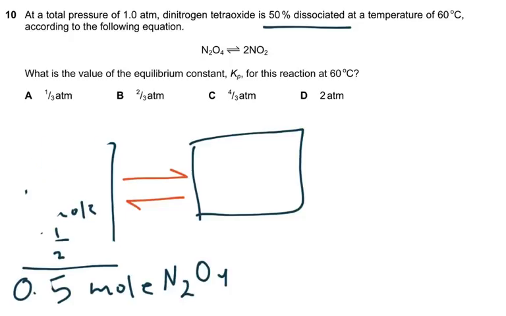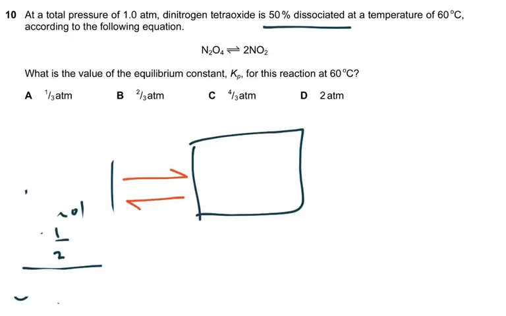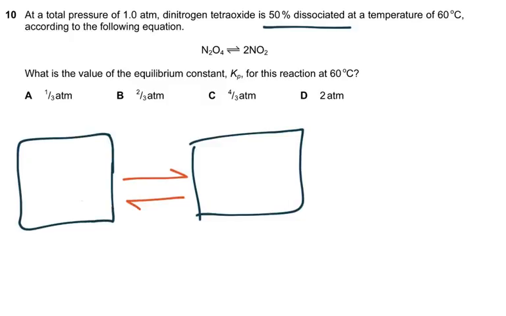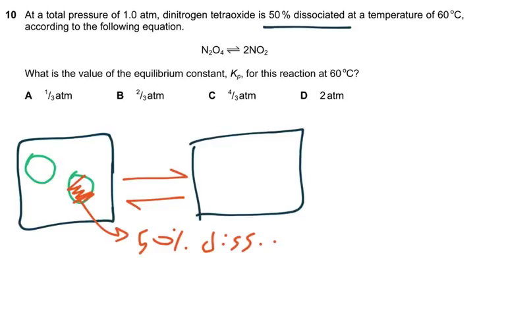Let's see it with 2 moles. If we have 2 moles, one of them would dissociate. So this is the 50% dissociation. The 50% dissociation means that you have 1 mole of N2O4 left in your system at equilibrium. Now, this is based on this equation, and it's based on this 50% dissociated.